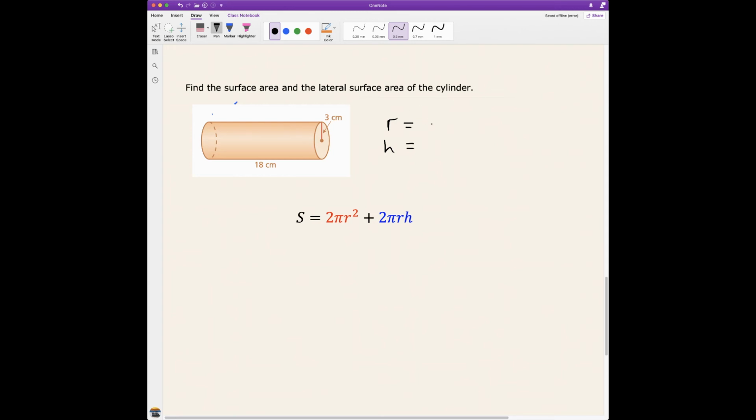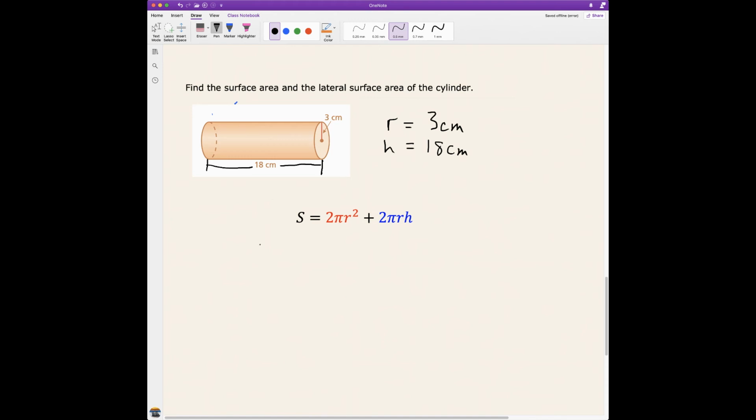So the radius is 3 centimeters and the height is 18 centimeters. Notice that even when the cylinder is kind of laying on its side, the height is going to be the distance between the bases, the distance between these two circles.